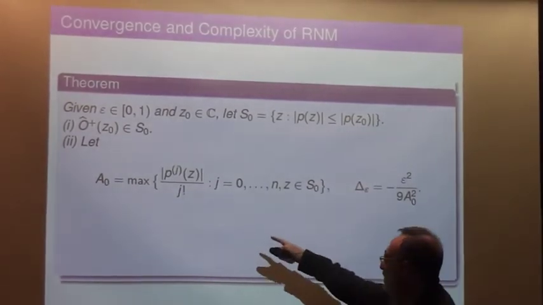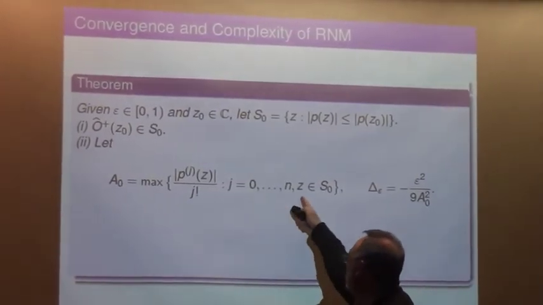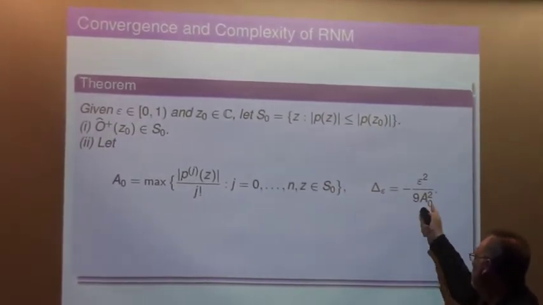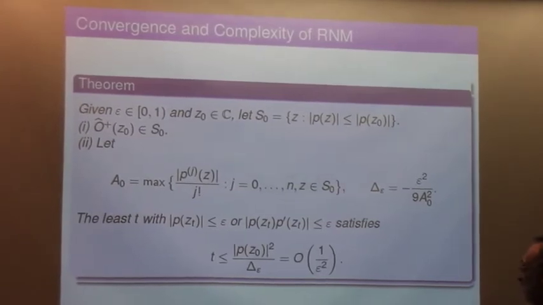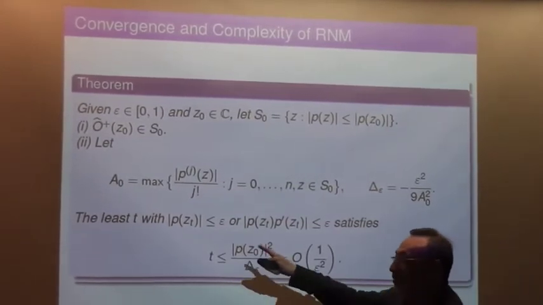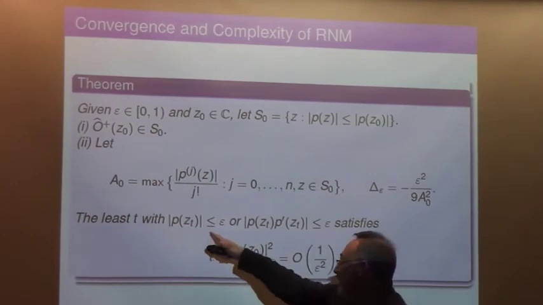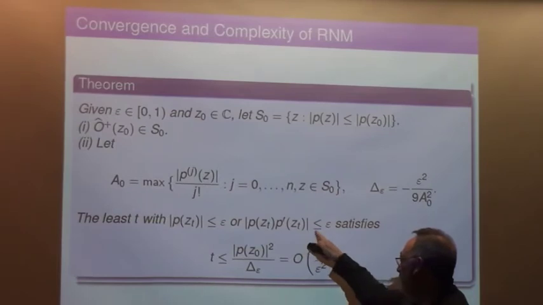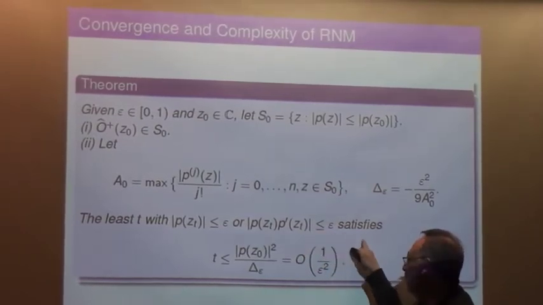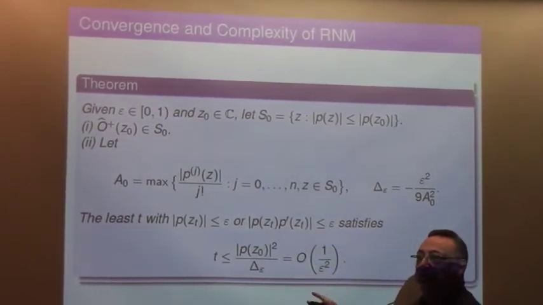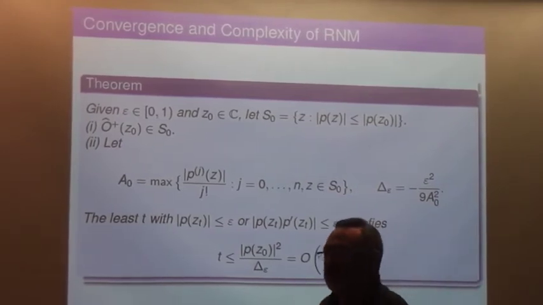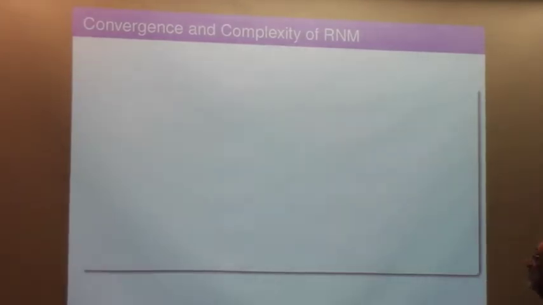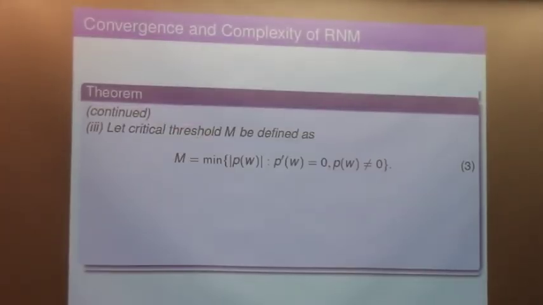Now let A0 be the maximum of these when Z0 is in S0. Then, with delta epsilon equal to this, the least number of iterations that will satisfy either this less than or equal to 0, or this less than epsilon, is of order 1 over epsilon squared. You might say this can be improved, but I'll say more about that.